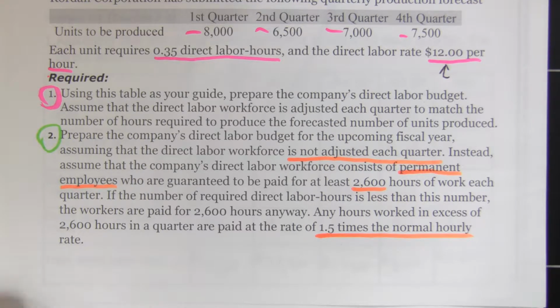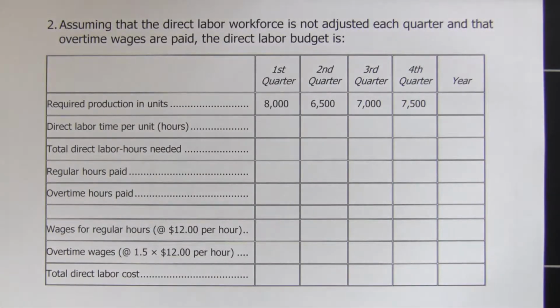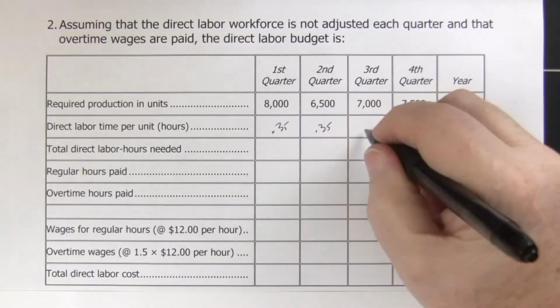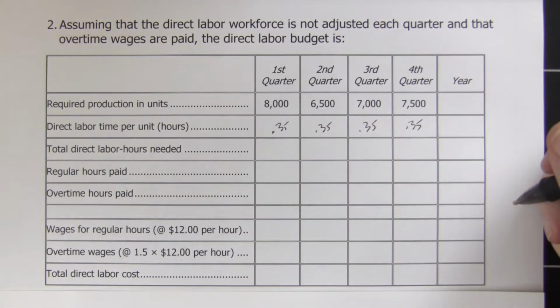Okay, so let's see how this changes things. I just happen to have a new sheet handy. And the total direct labor hours are going to stay the same. Okay, we need 0.35, just like we did before, okay?